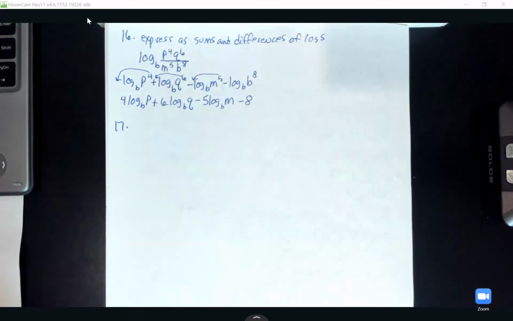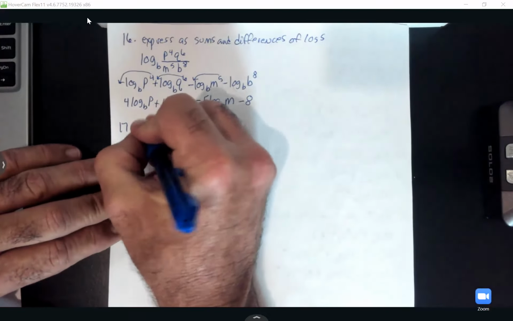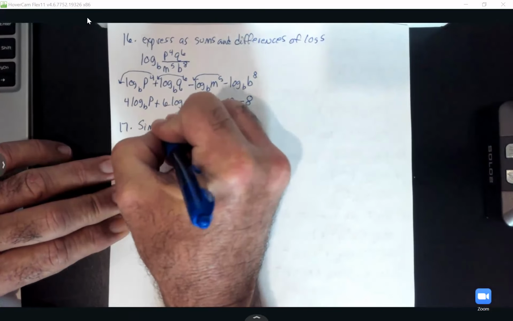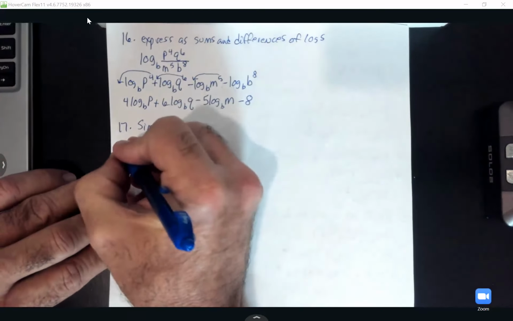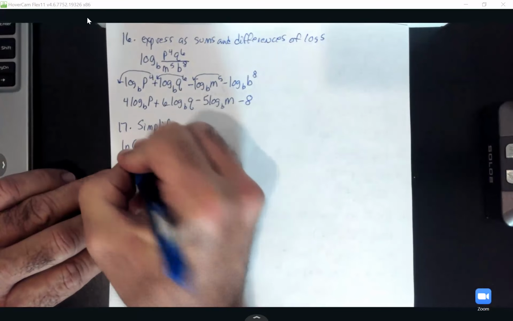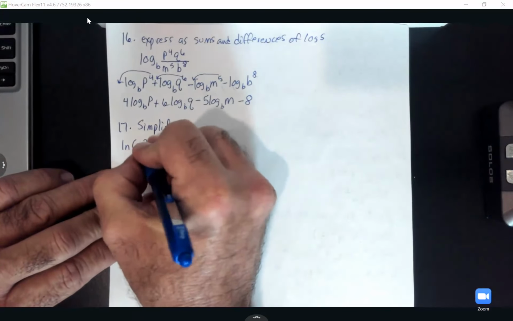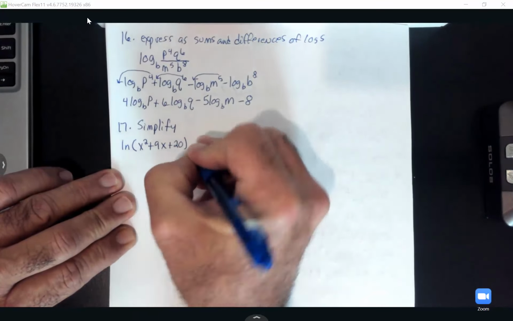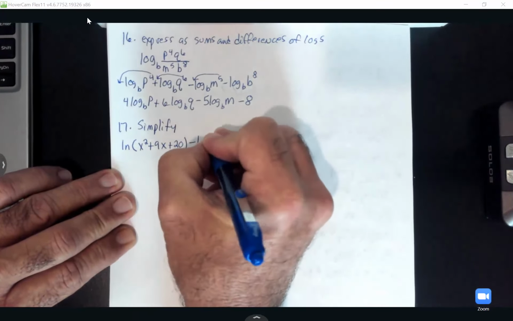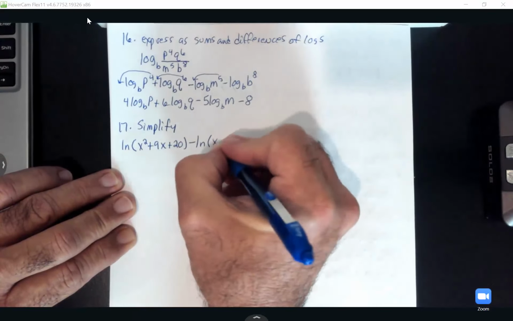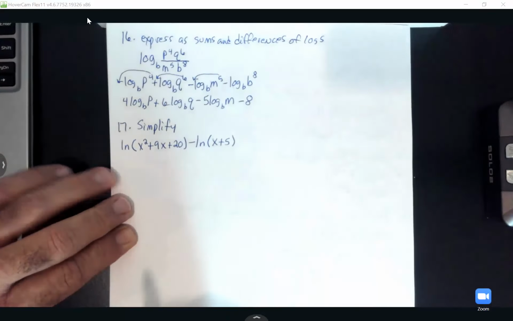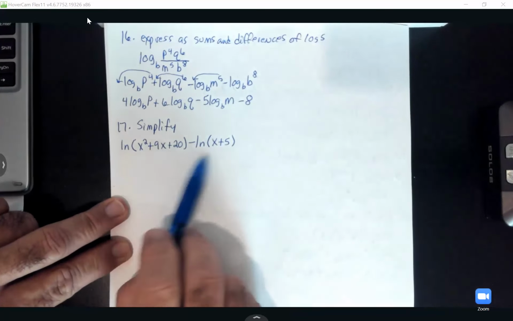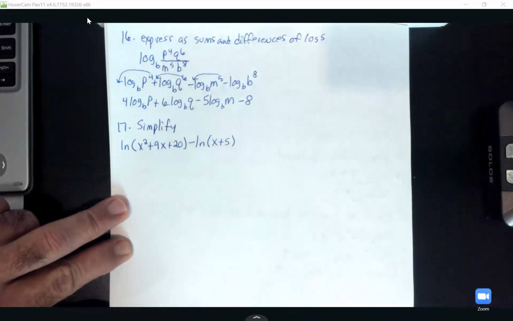All right, 17 and 18 want us to simplify. I have an ln of x squared plus 9x plus 20 minus ln of x plus 5. The first thing you want to do is write this difference as a single logarithm.